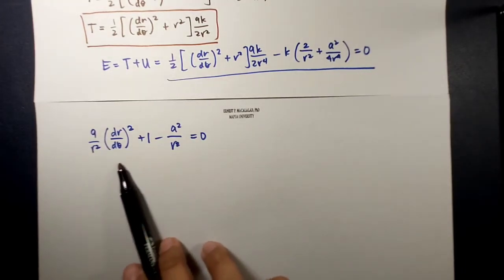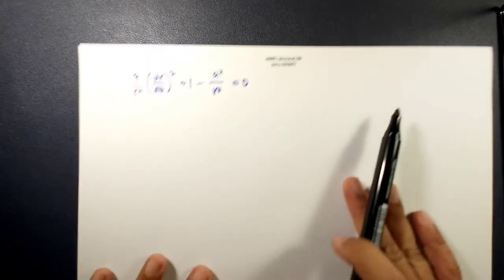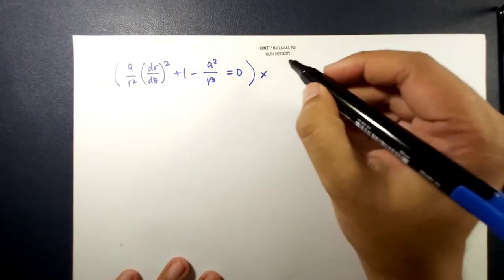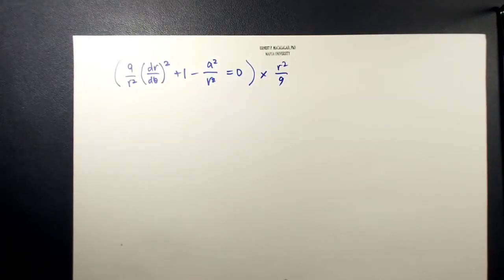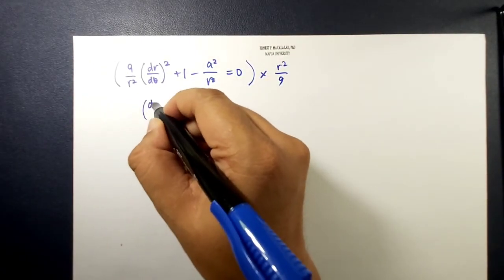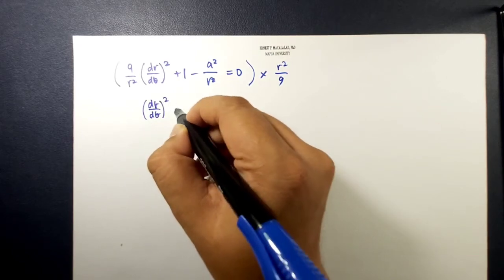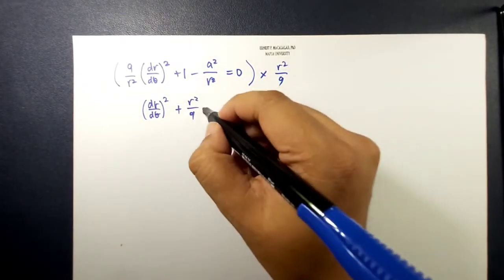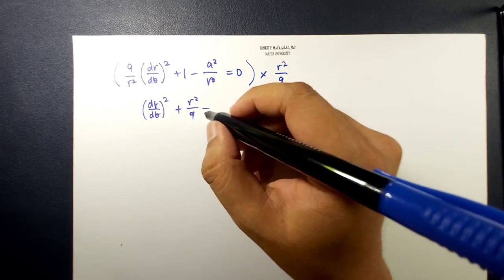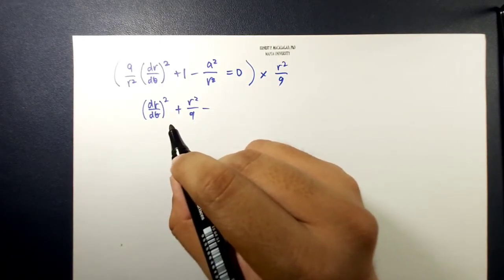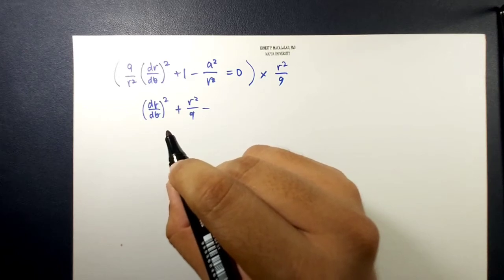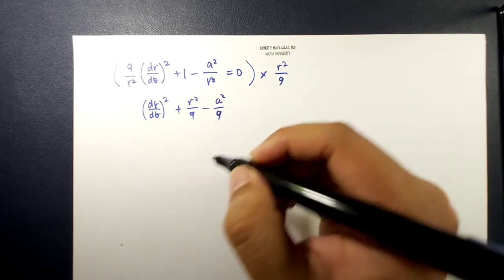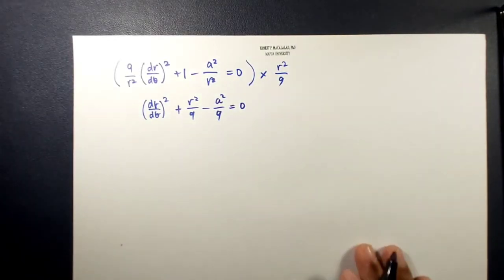So multiplying both sides of the equation by r squared over 9, we have the derivative of r with respect to theta squared plus r squared over 9 minus a squared over 9, and this is equal to 0.